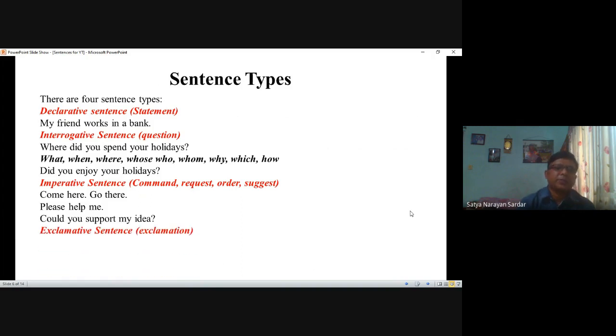We have the last one, the exclamative sentence or exclamatory sentence. That is exclamation. Expressing beyond the normal state of mind. Excitement, joy, happiness, sadness. This can be the theme or way of expression of this type of sentence.